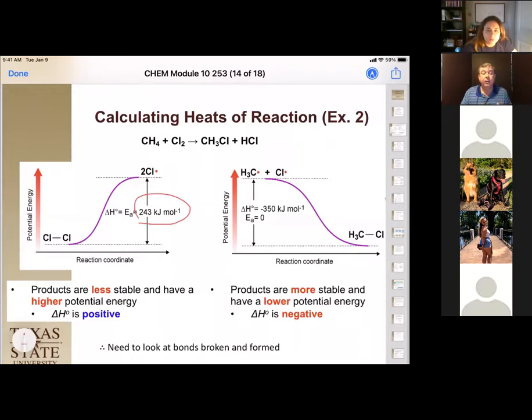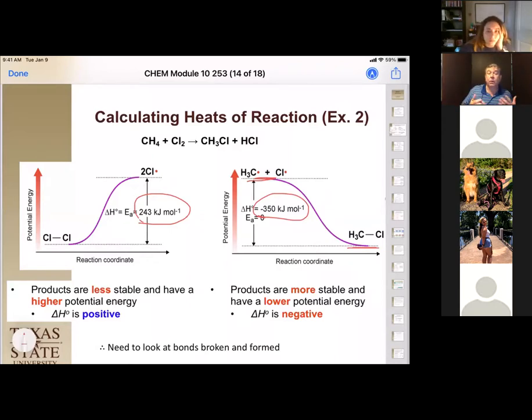Now, once that chlorine radical finds a methyl radical and they react to form a carbon-chlorine bond, they started at their higher energy state and then they formed that bond and are now at a lower energy state. And it gives off energy. And in this case, it's giving off more energy than it took to break that bond.